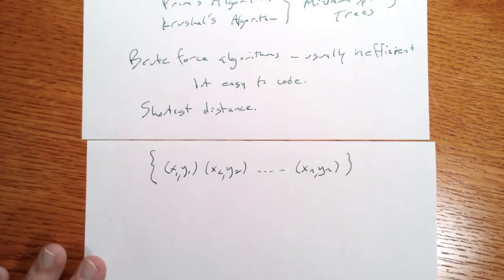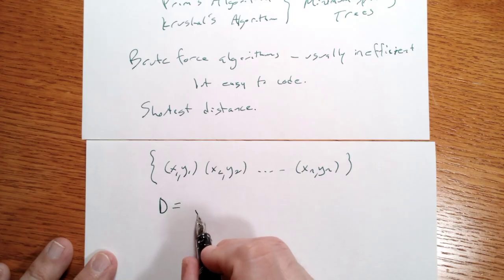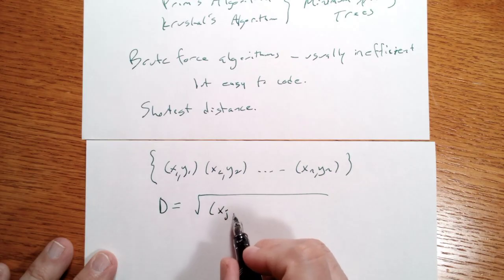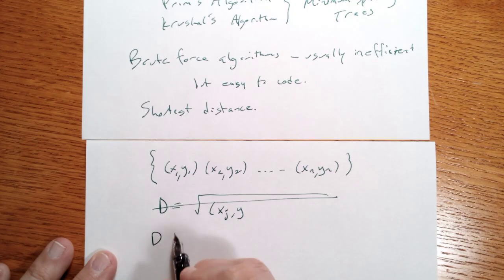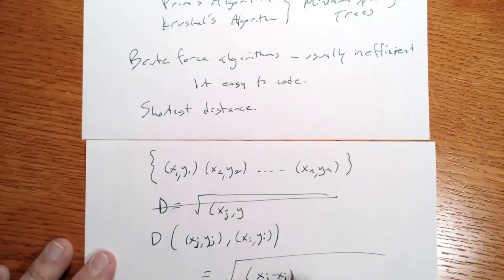Well, remember the formula for distance: the distance between xj, yj and xi, yi, sorry, didn't mean to write the square root yet, is the square root of change in x squared plus change in y squared.